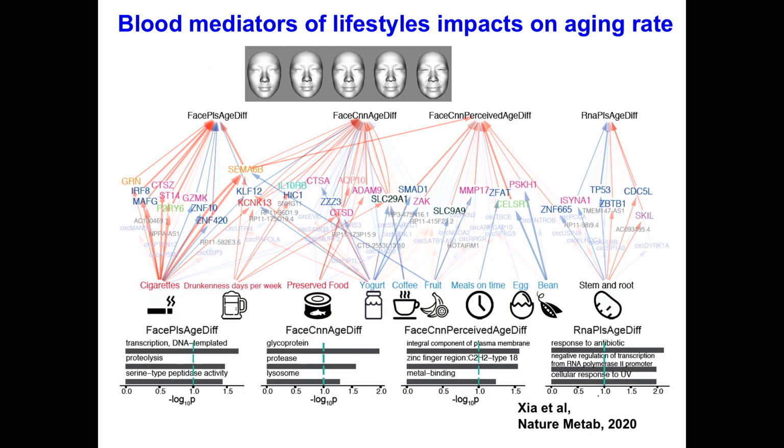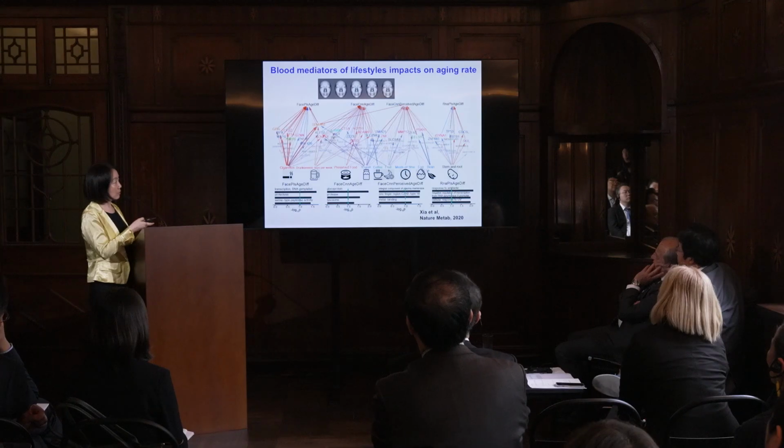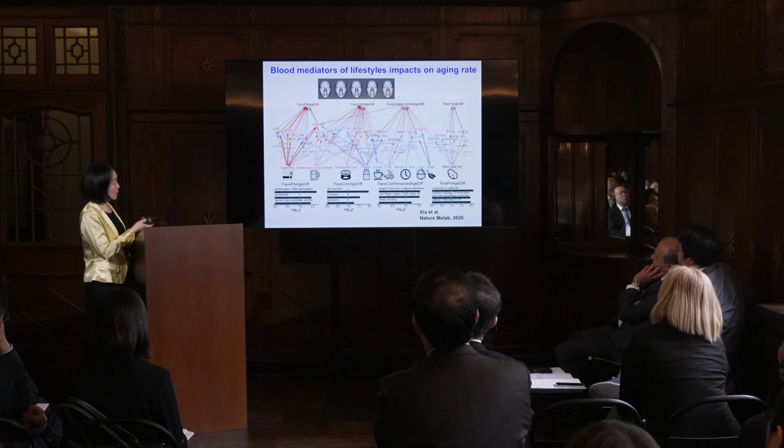Since we have not only the transcriptome data but also very quantitative lifestyle data, we can build a so-called causal inference model to infer what molecules in the blood may mediate the lifestyle impact on the face and also on this blood RNA clock.